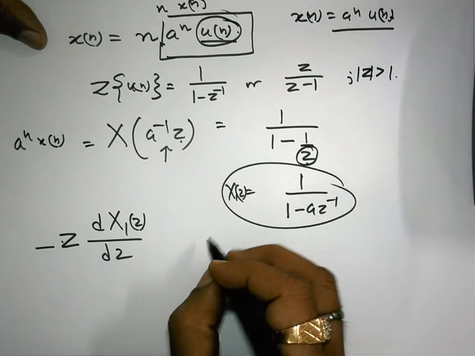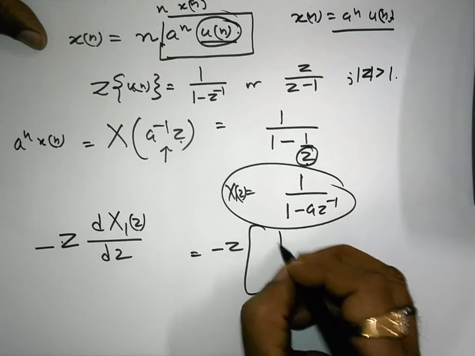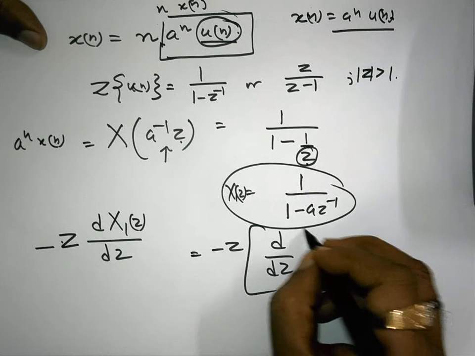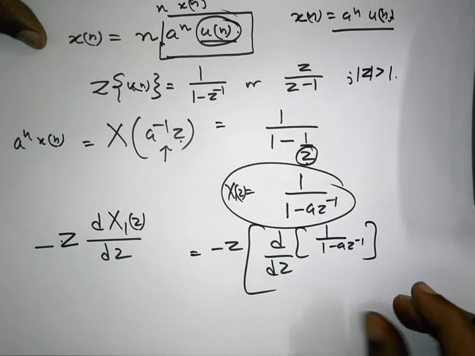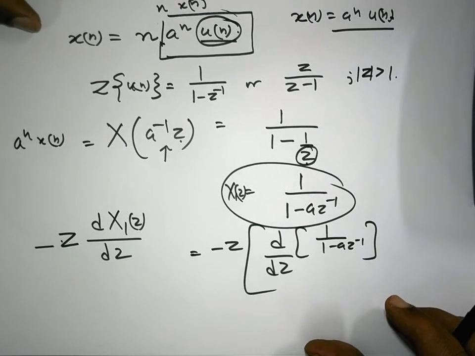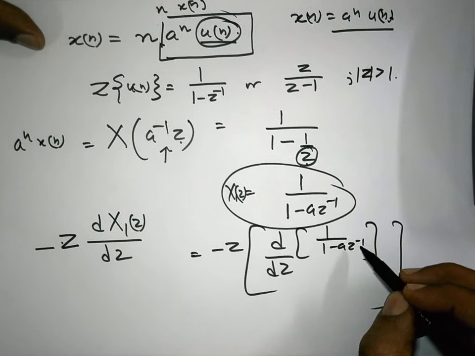So simply minus z has to be multiplied with the derivative of 1 over 1 minus a z inverse. Now if you evaluate the differentiation with respect to z, this is numerator over denominator kind of thing.